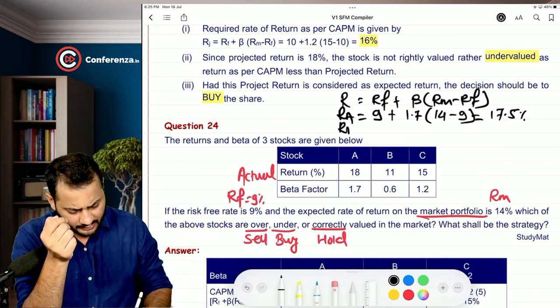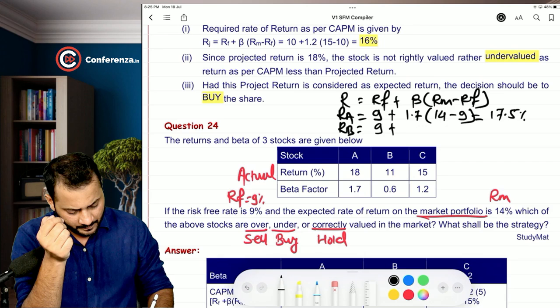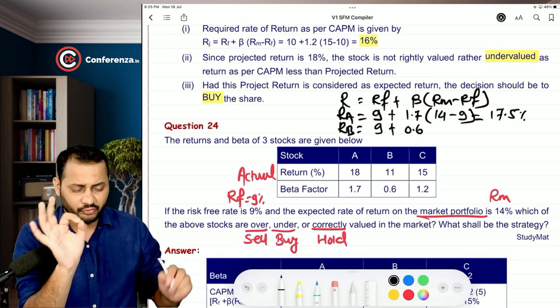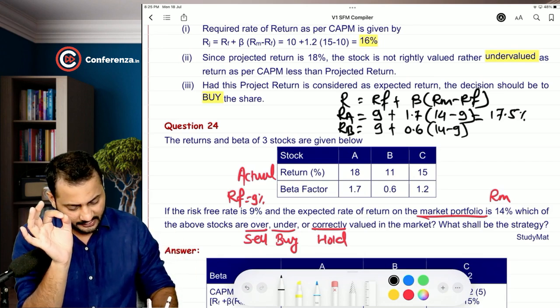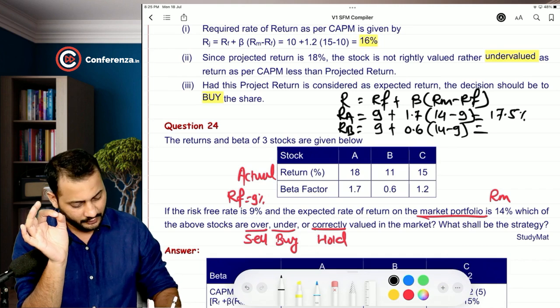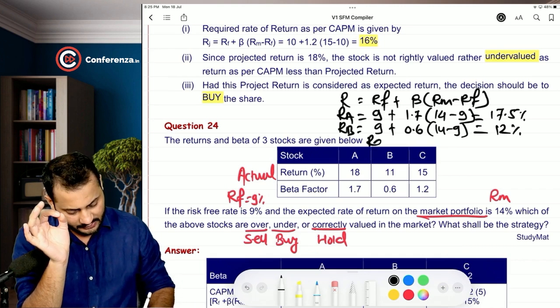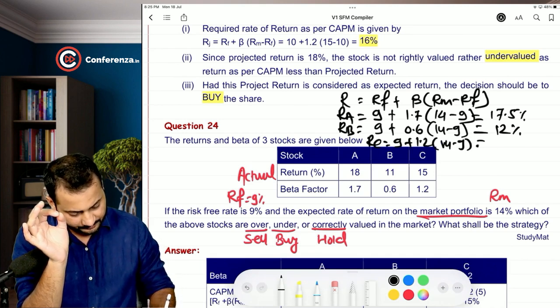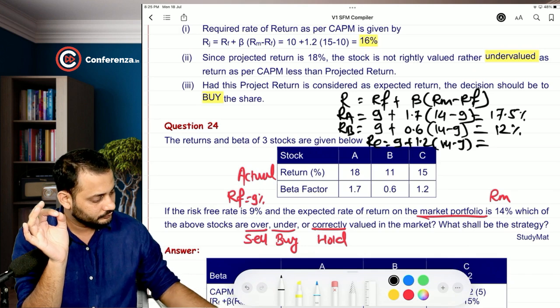Let's do it for B. Same, the beta will only change in the formula. 14 minus 9, that gives 12. And the last one, RC: 9 plus 1.2 into 14 minus 9, that gives 15.